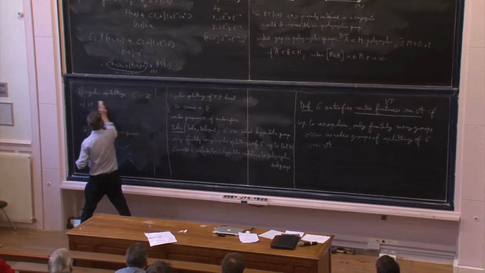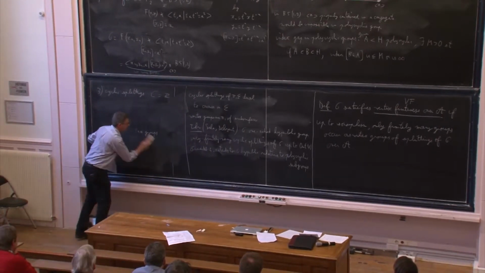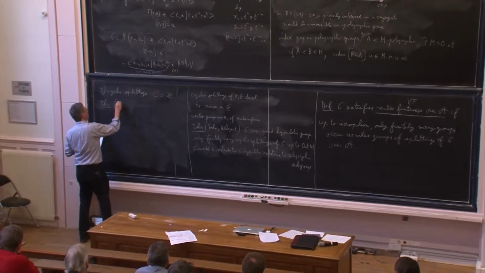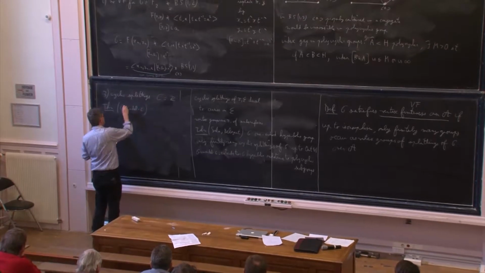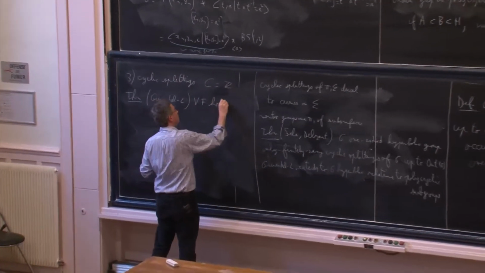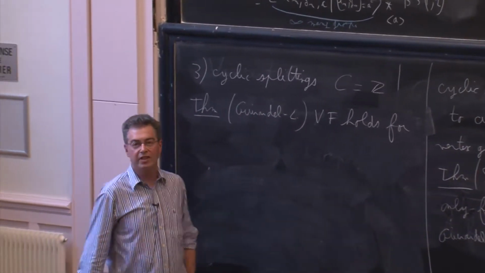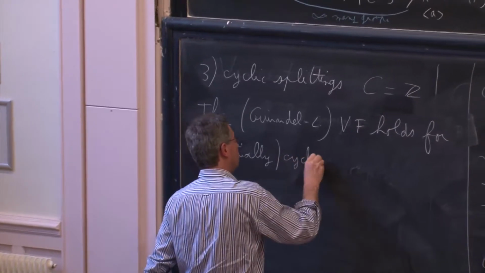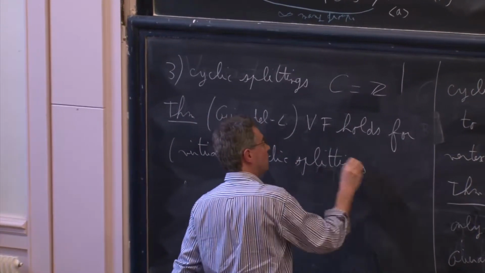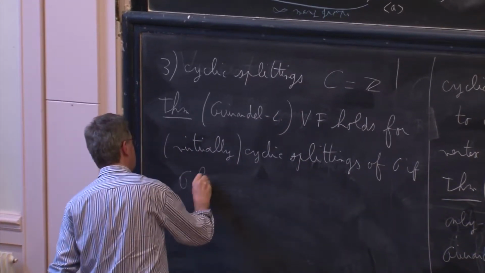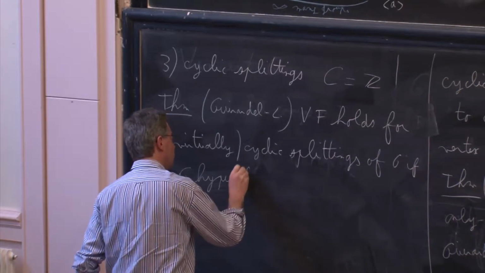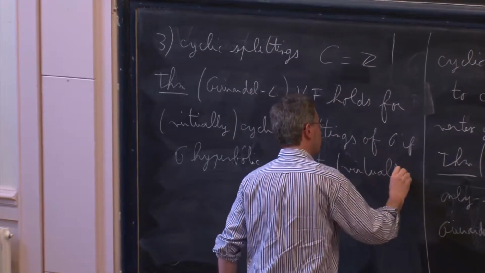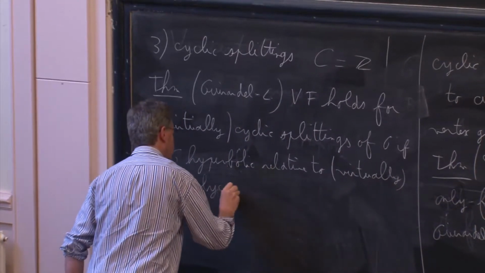Okay, so theorem, I'm still in cyclic splittings. So theorem, this is by Vincent and I. Vertex finiteness holds for cyclic splittings, or for virtually cyclic splittings, splittings over virtually cyclic groups, of G if G is hyperbolic relative to polycyclic or virtually polycyclic subgroups.